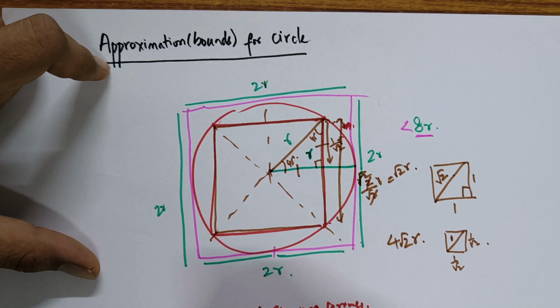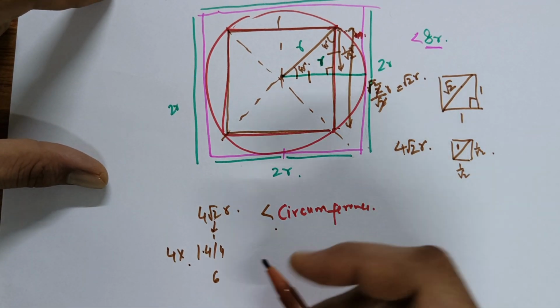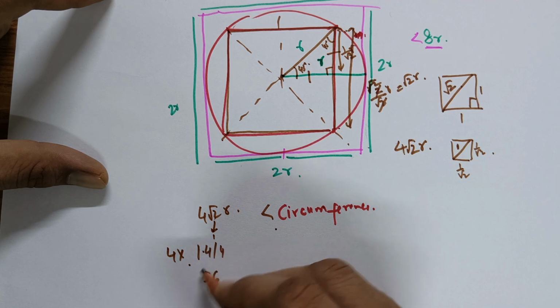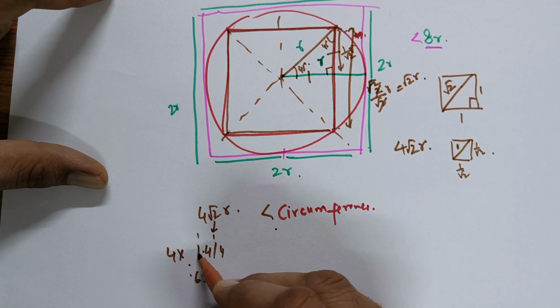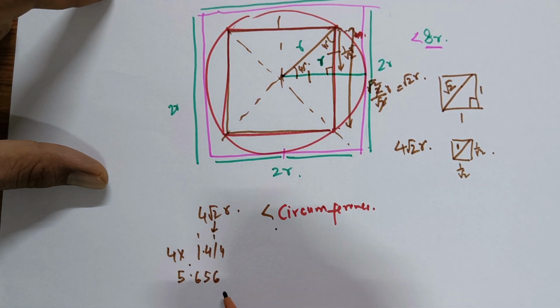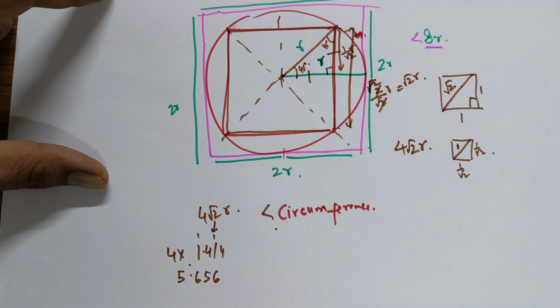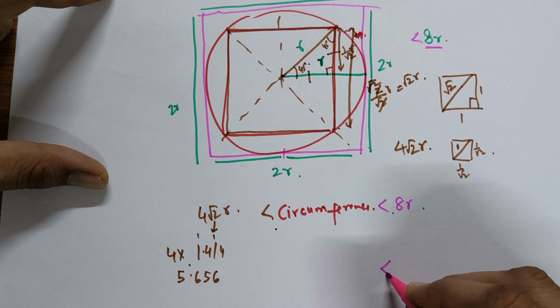Remember, root 2 is approximately 1.414. 4 times that is more than 5.6, right? And it is also less than 8r, because 8r came from the outer square. That still stays 8r.